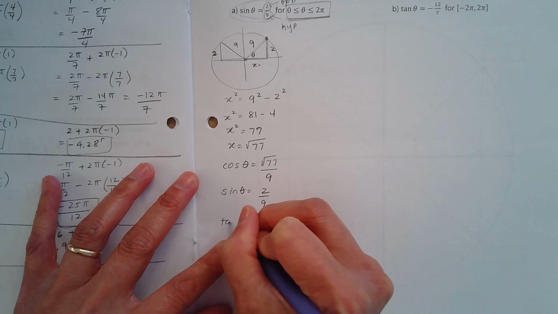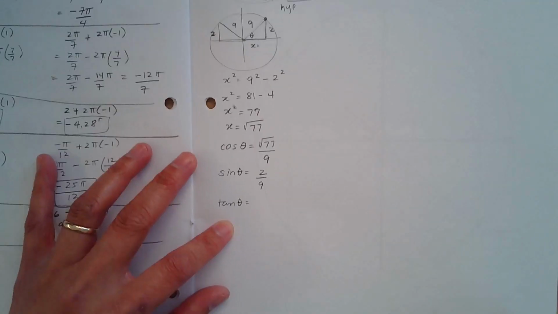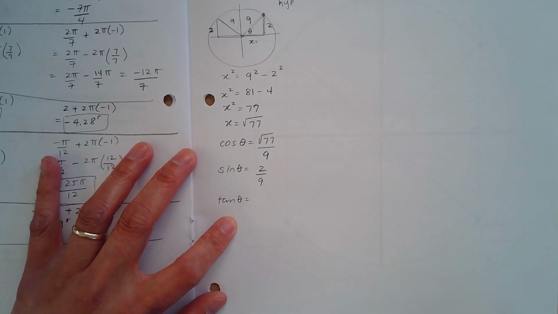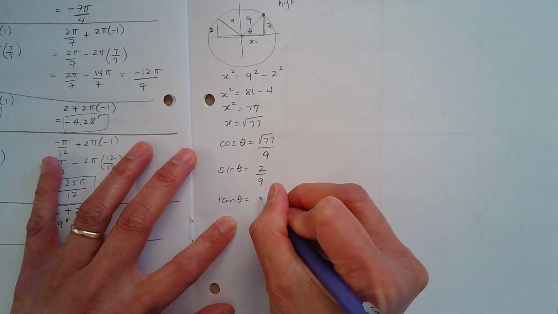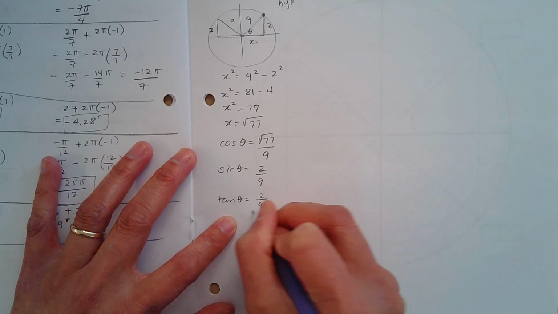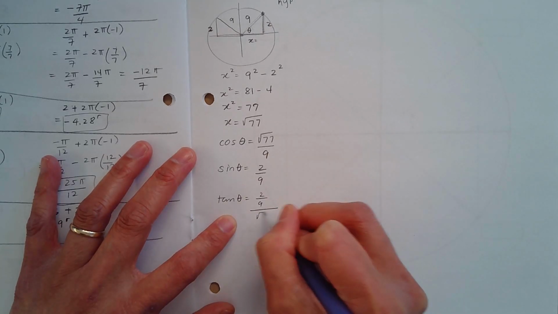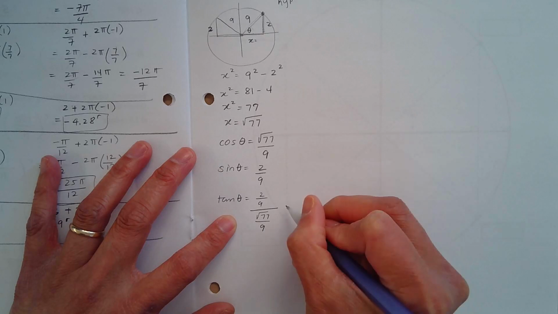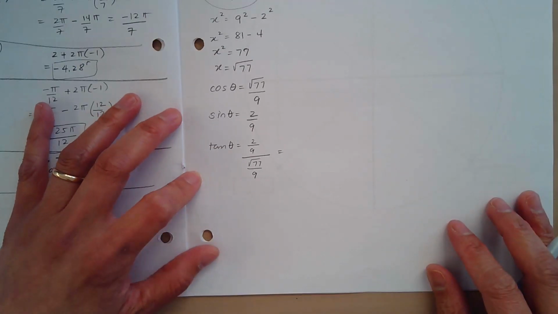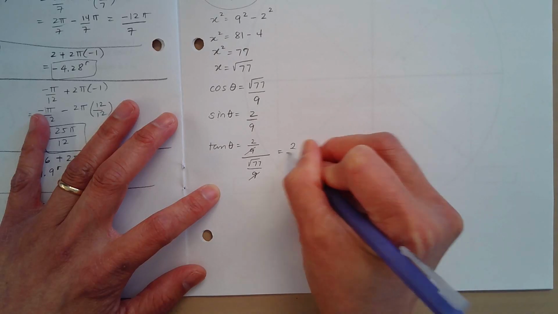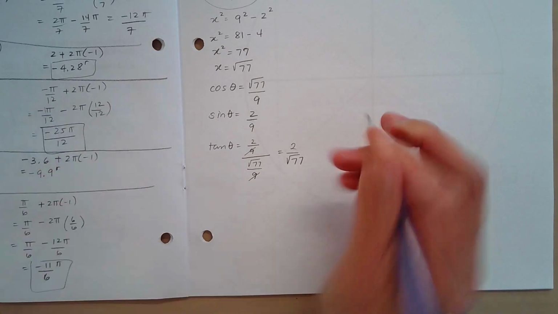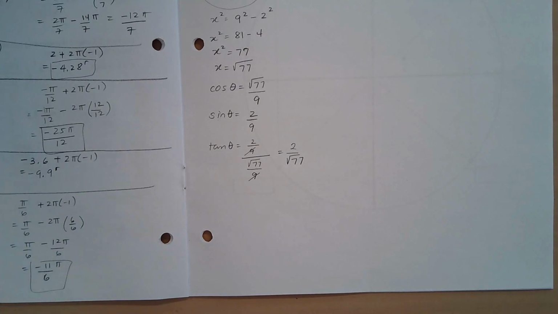What about tan theta? Tan theta is sine theta divided by cos theta. So 2 over 9 divided by root of 77 over 9. And I showed you the shortcut for this, right? The 9s cancel, so we're left with 2 over root of 77. Can you figure out the last 3?